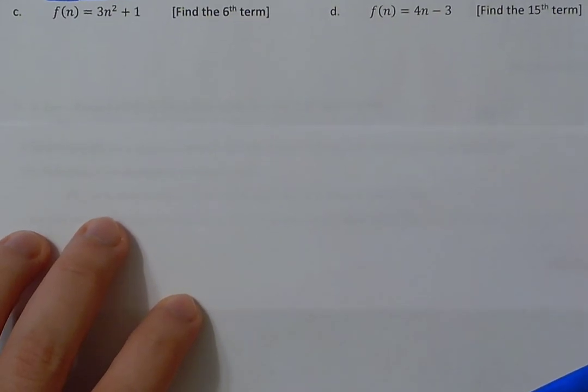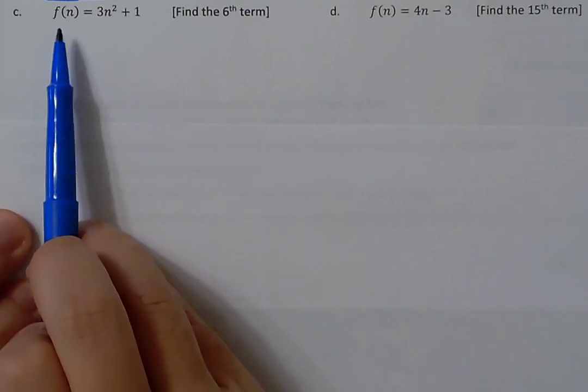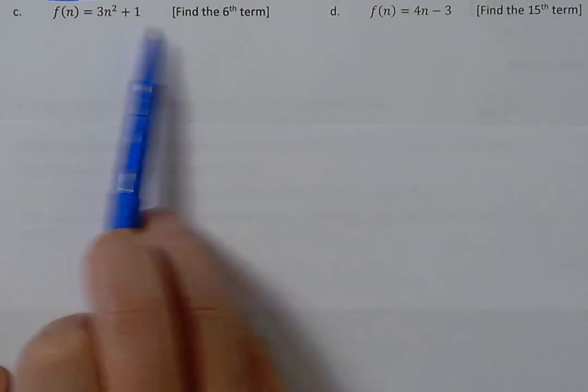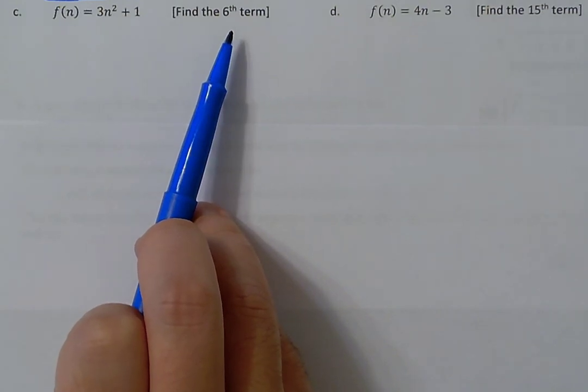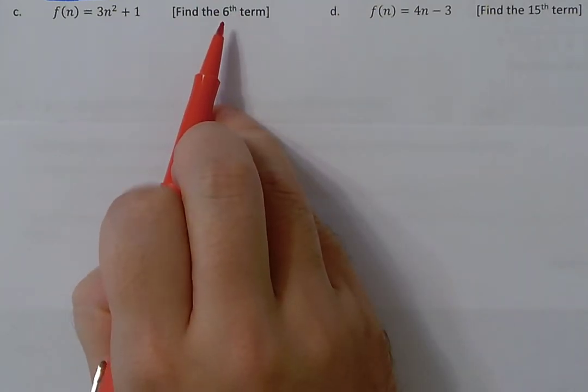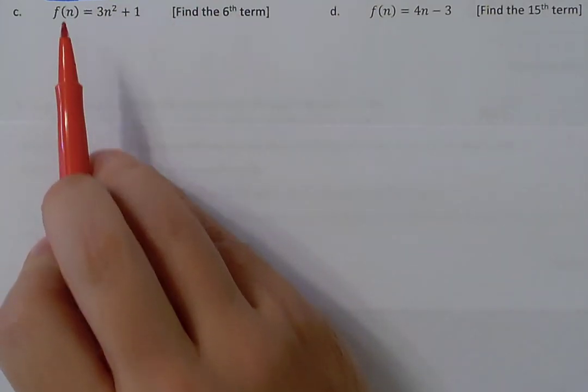So for C, we have the explicit rule, f of n equals 3n squared plus 1, and they want us to find the 6th term. So sometimes they want you to find the first 4 terms, and you do what we just did in parts A and B. If they want you to find a specific term, what we're going to do is take the number, which in this case would be 6, and plug it in for n.